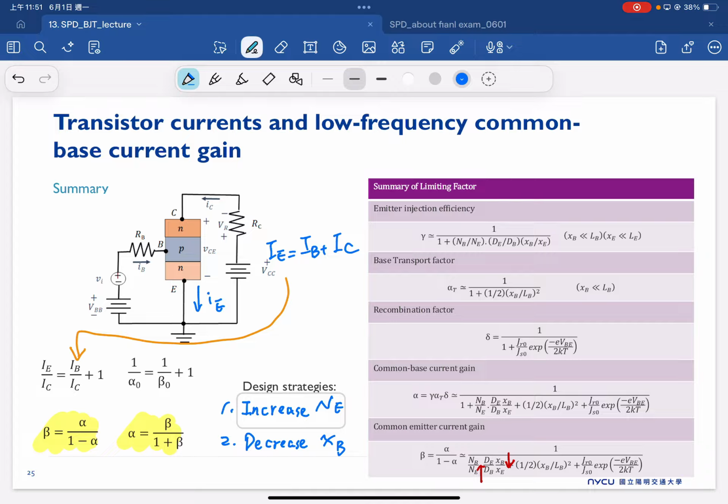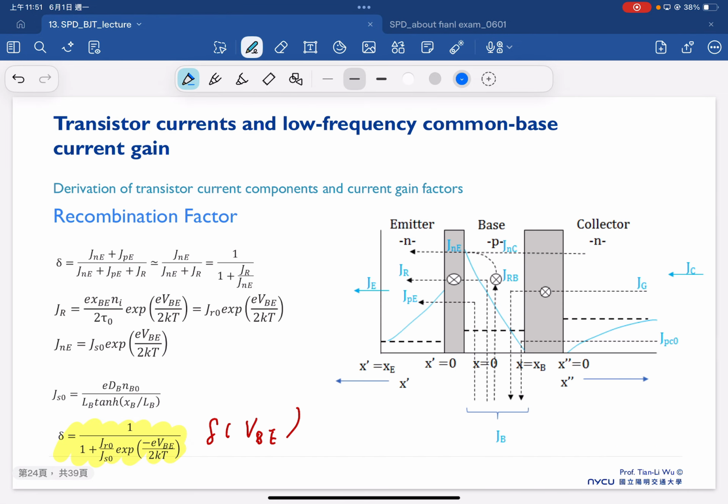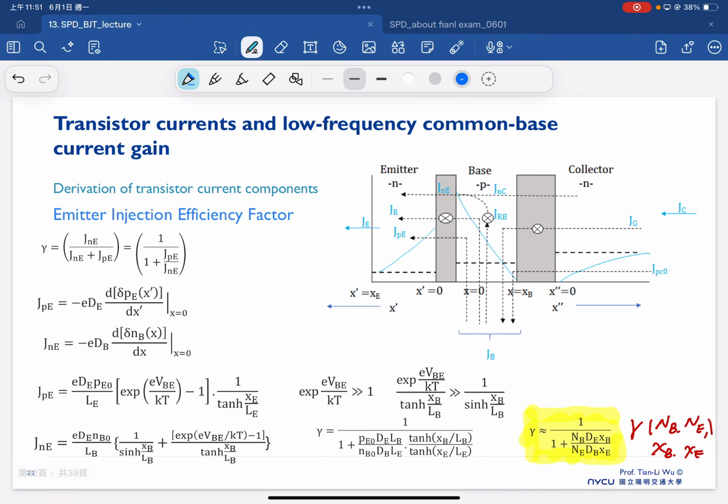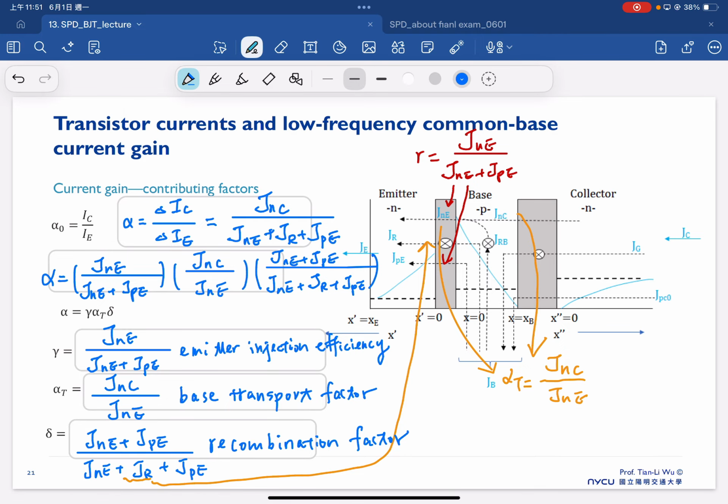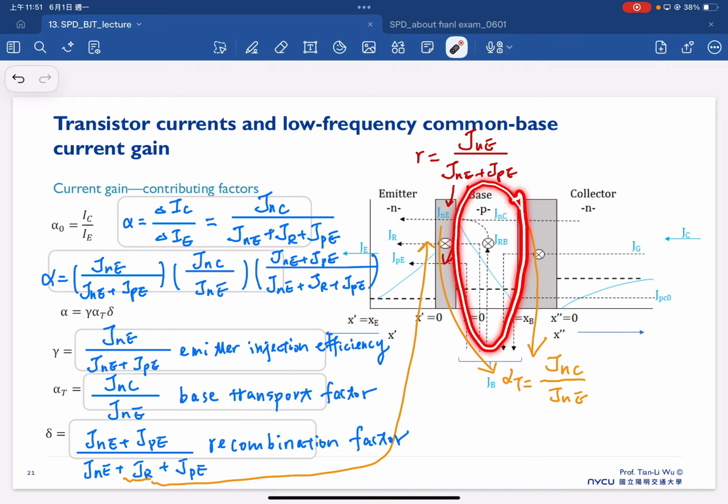But now that you have this conclusion, go back again to look at this graph, then you can get a nice sense of why we have to decrease the base width. If we can make this base width smaller, then we can get more and more current going through, right?